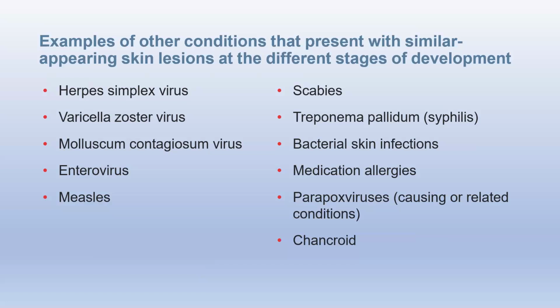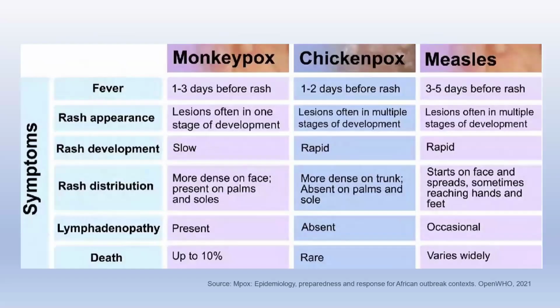Secondary syphilis can also cause a rash, bacterial skin infections, medical allergies, parapox viruses, and also chancroid. So when you see a patient who presents with a rash and Mpox is one of the differentials, it's also important to be aware of other infections that can present in a similar way, and it's important to rule out these infections.